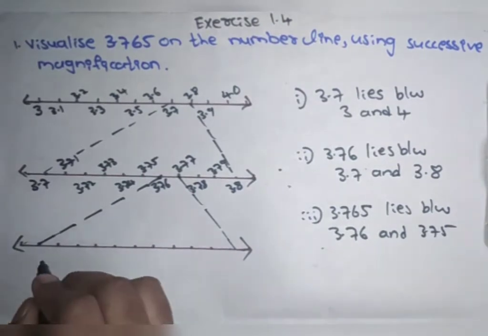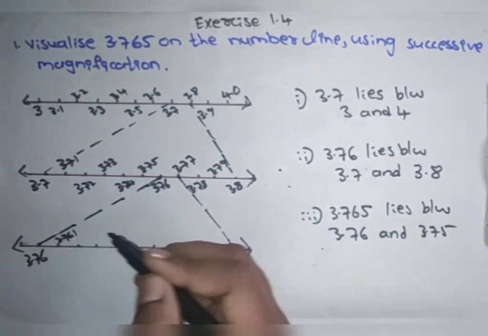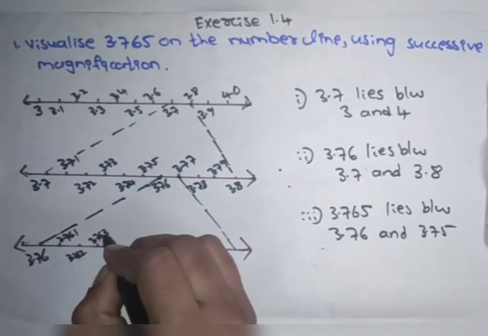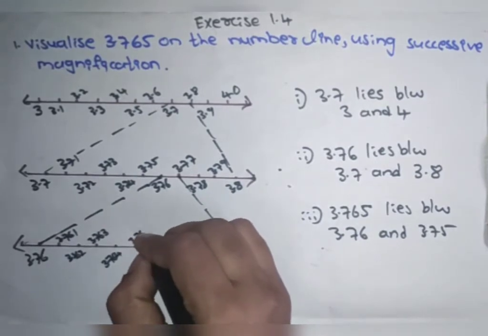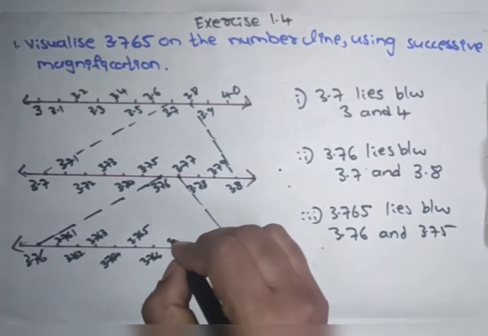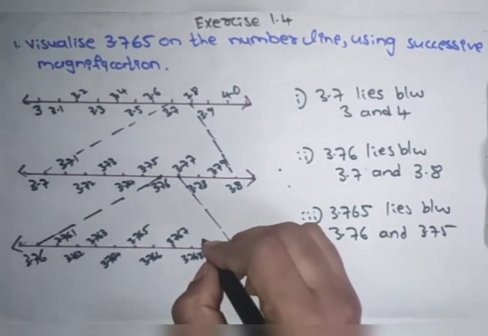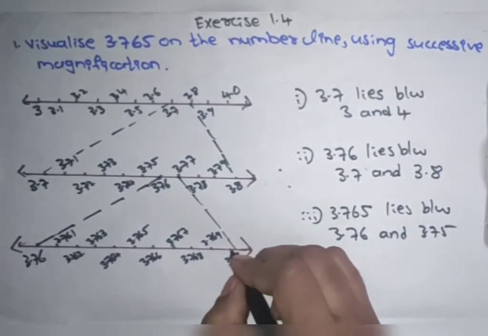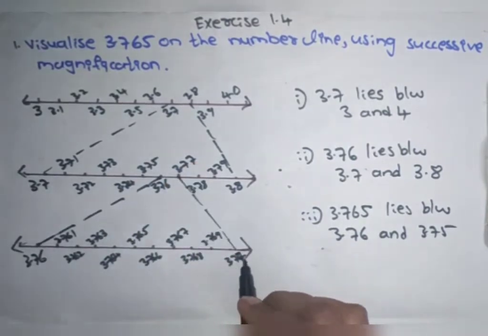Now the first point is our 3.76. Afterwards we have 3.761, 3.762, 3.763, 3.764, 3.765, 3.766, 3.767, 3.768, 3.769, then 3.77.